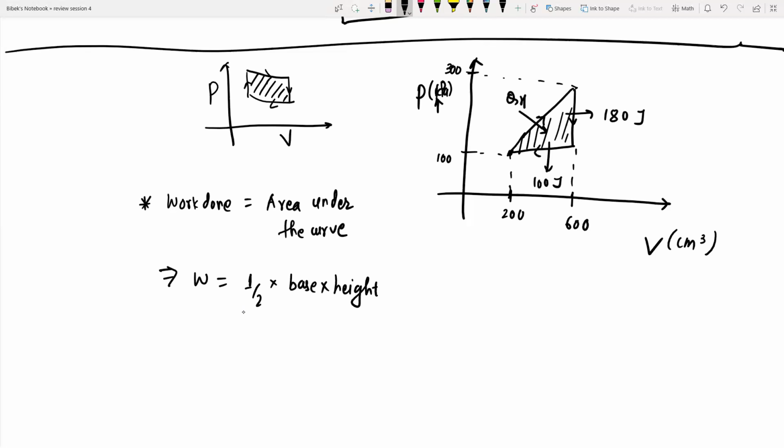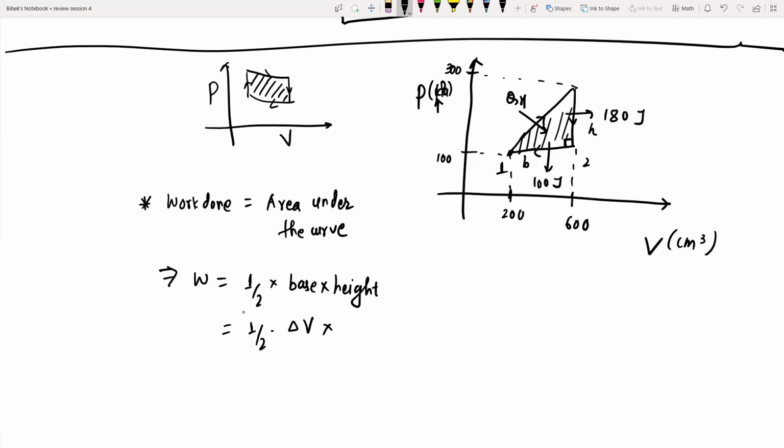So this is the perpendicular angle. So that means this is the height, and this is your base. Okay. So that is in this case half times your delta base. Base is 1 and 2, so 2 minus 1, and that is change in volume. And delta p times your height in this case is delta p, because this is your height.